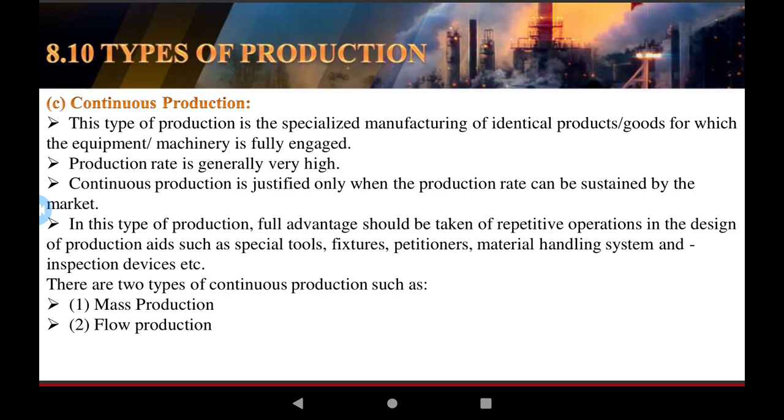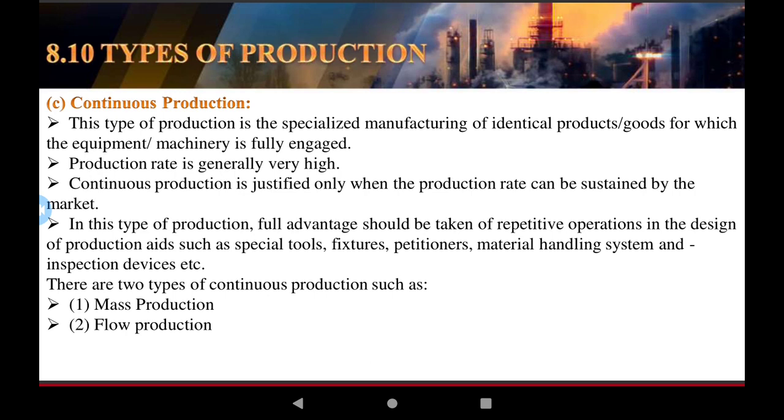Continuous production is a system in which the production of the product is continuous, and the delivery to the market is continuous. The utilization of all the factors is continuous.